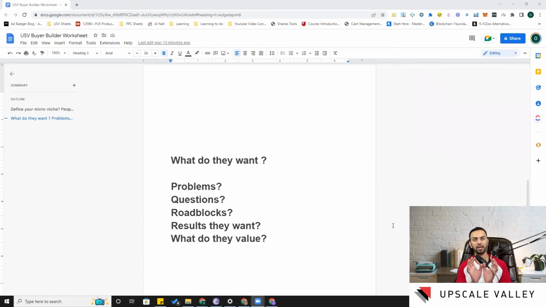So if we identify the problem, catering to these different angles is quite simple, like I have just shown in this example, and it's going to be very helpful later on as well.